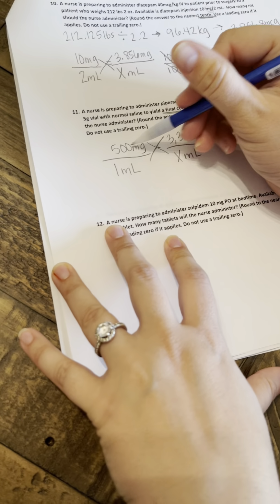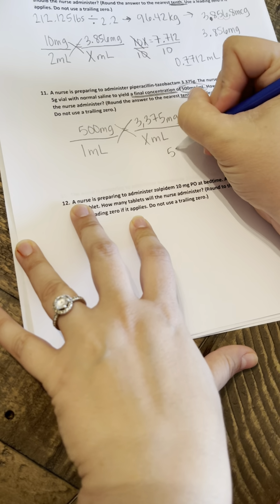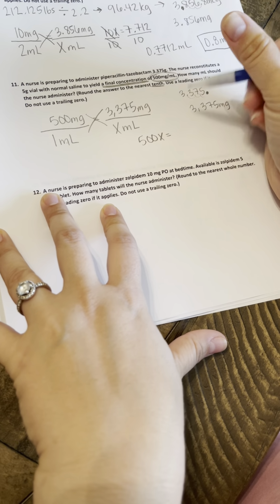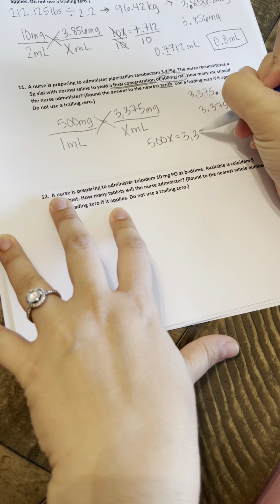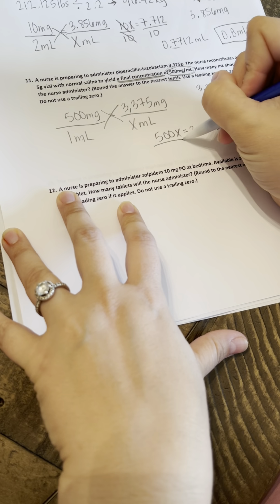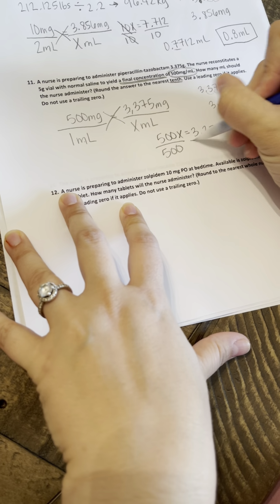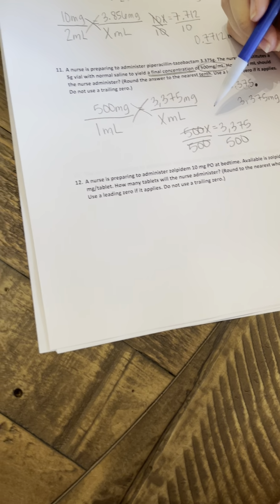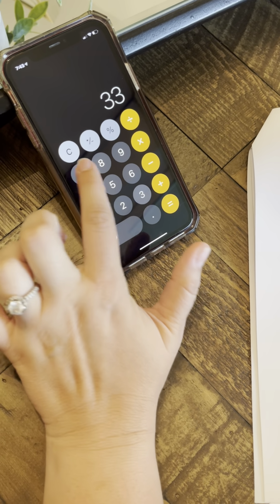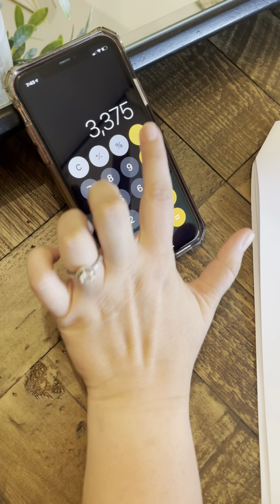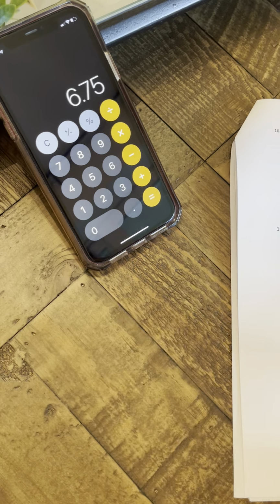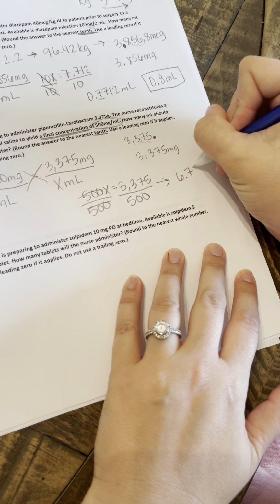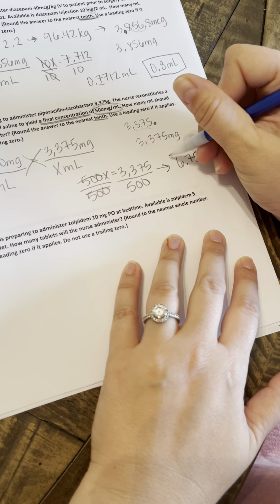Cross multiply, we have 500x equals, this times 1 is just itself. Get x by itself. So we have 3,375 divided by 500. 6.75 mLs is how much we're going to give.